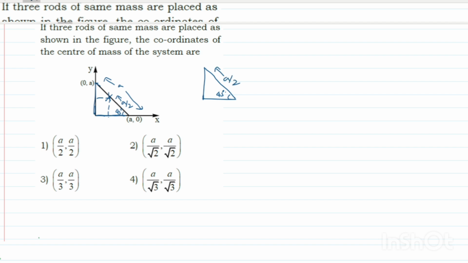The opposite side will be a by 2 sine 45 degrees, and the adjacent side will be a by 2 cos 45 degrees, which is a by 2 into 1 by root 2. So cos 45 is 1 by root 2, and here it will be a by 2.